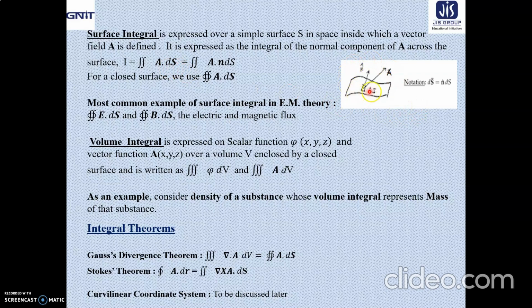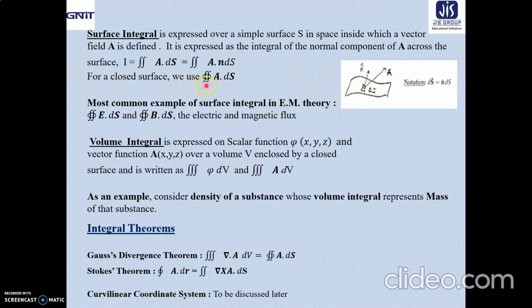This is a surface on which a differential of surface delta S is taken, this is the n cap unit normal on it, and this is A. So A dot dS means the angle theta is included here.